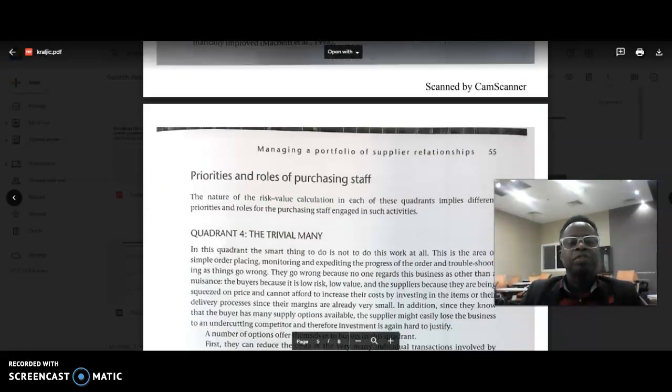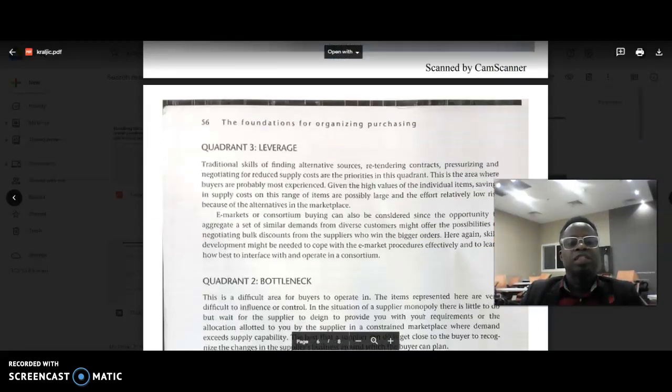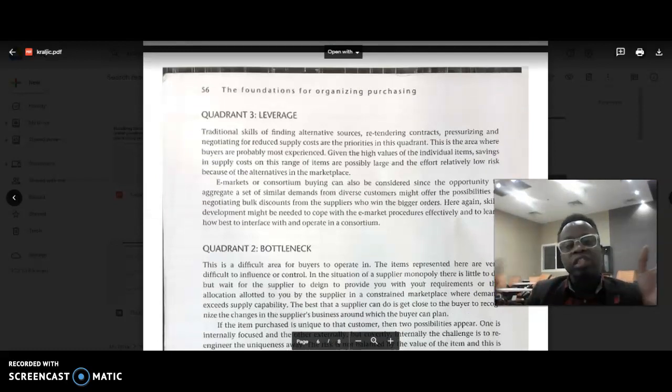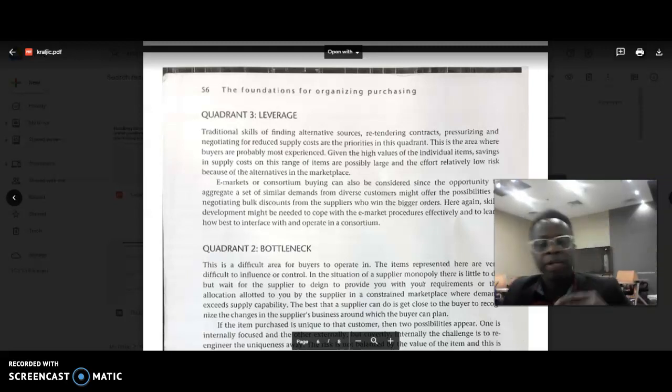Let's look at leverage. Leverage. Traditional skills of finding alternative sources, retendering contracts, pressurizing and negotiating for reduced supply costs are the priorities in this quadrant. Right, so remember, you heard that term leverage. So you have the leverage, meaning that you have the purchasing power, you have the buying power over the supplier, right?